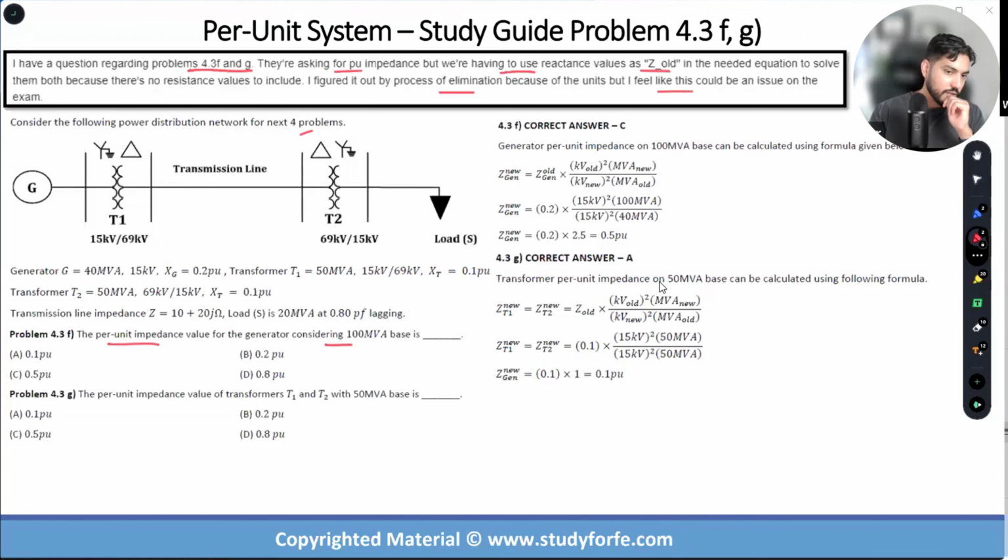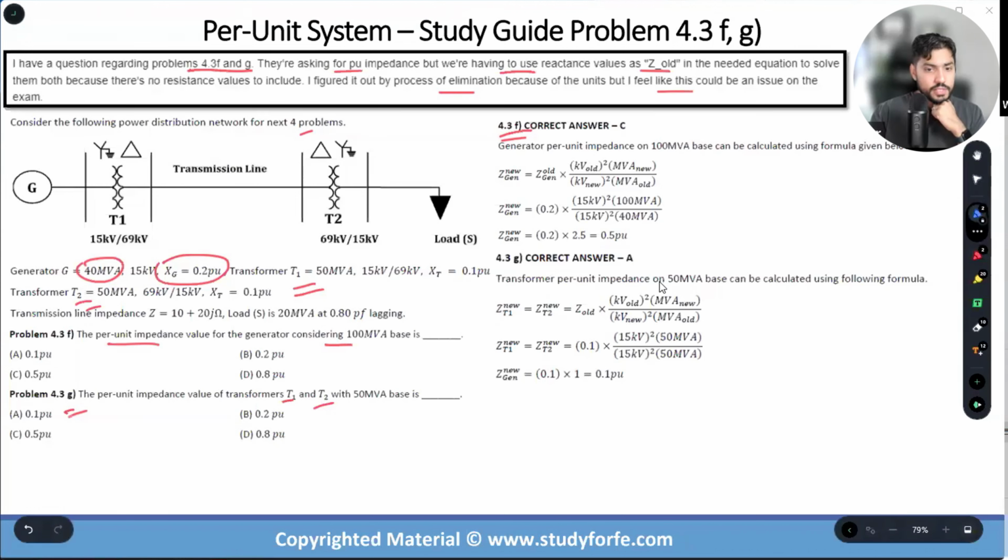The generator is a 40 MVA generator, right? And the XG for the generator is given as this, correct? Now this applies to 4.3F, and 4.3G is talking about transformers T1 and T2. T1 is 50 MVA, T2 is 50 MVA as well.